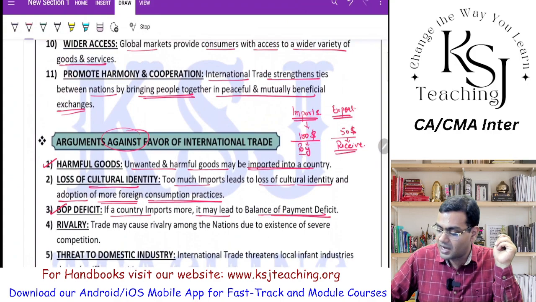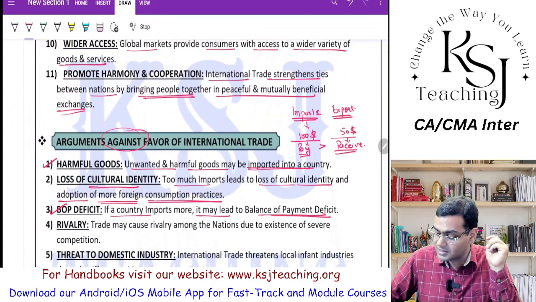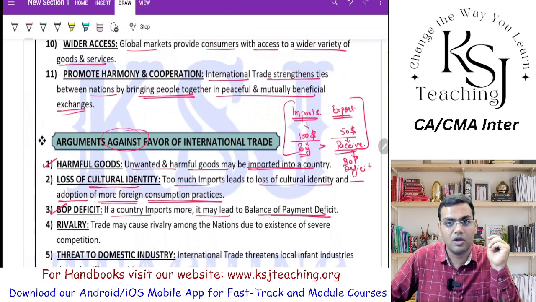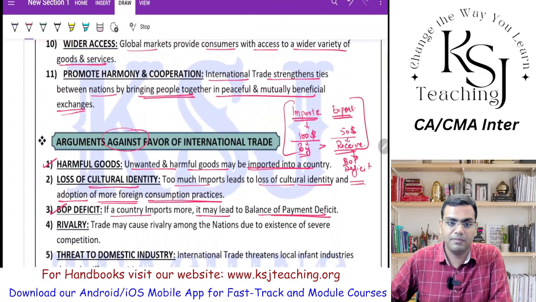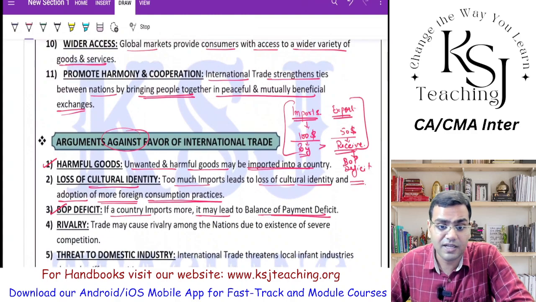Your receipts are less than the payments. Your payments are more than the receipts. In this case, we say that there is a BOP deficit, that is, a balance of payment deficit. Now this is not good for an economy.